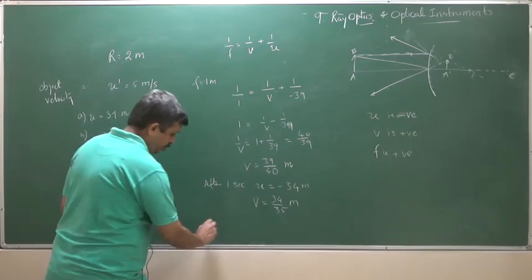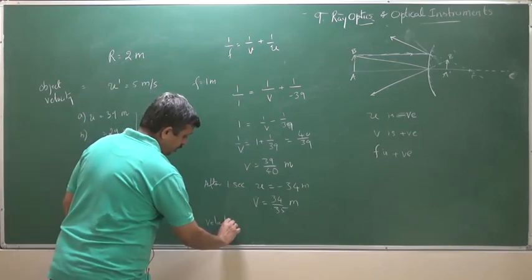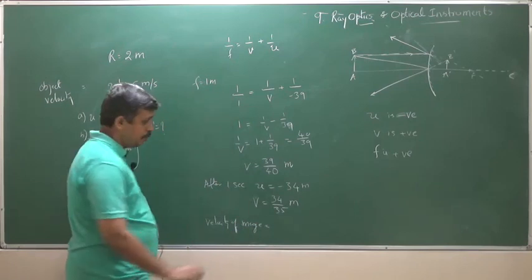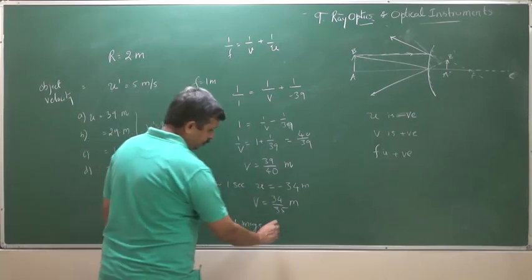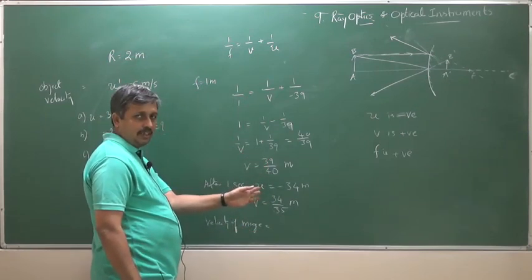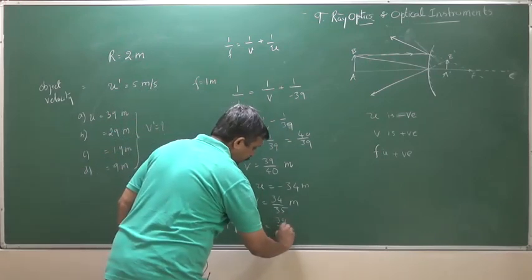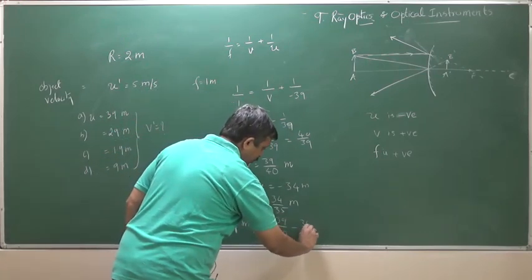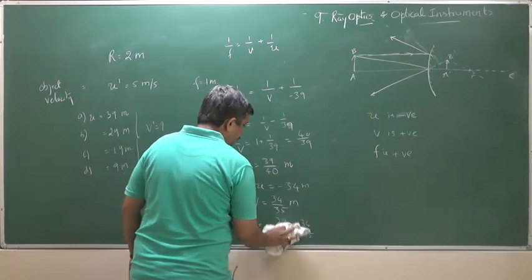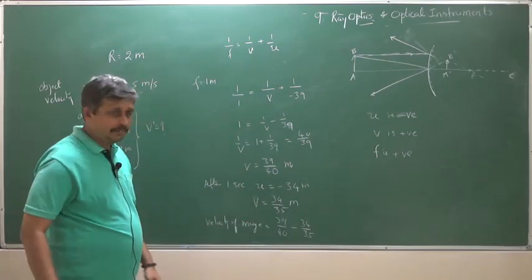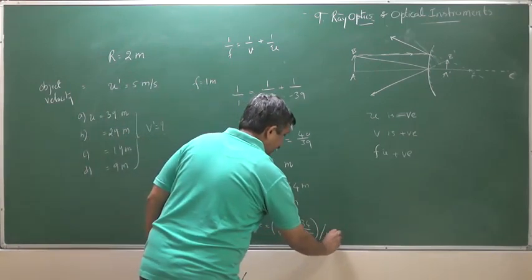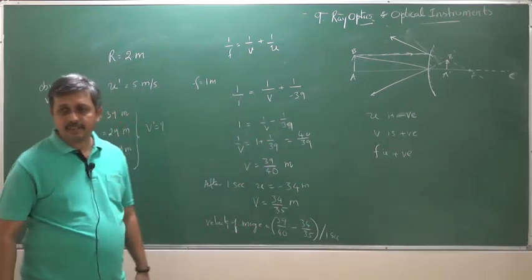So change in image position, let's say velocity of the image, is actually equal to 39 by 40 minus 34 by 35, or the other way around, final minus initial, it doesn't matter, we want just the value. So this whole divided by 1 second, distance by time.